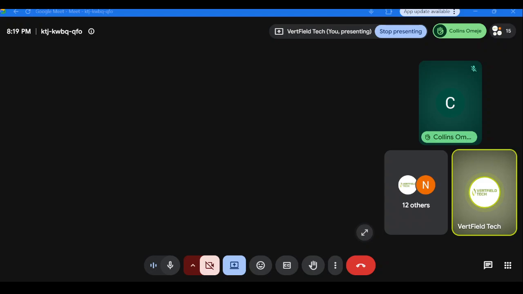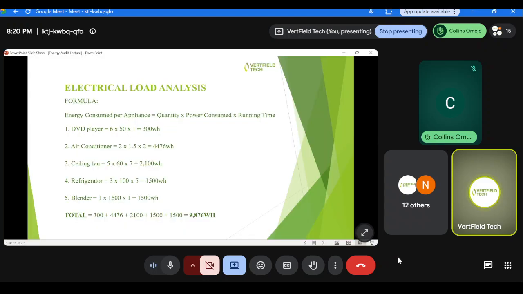Now let us see how that works. For the DVD player, 6 multiplied by 50 by 1 gives you 300 watt hour. For the air conditioner, 2 multiplied by 1.5 times 2 gives you 4,476 watt hour. For the ceiling fan, 5 multiplied by 60 by 7 gives you 2,100 watt hour. For the refrigerator, 3 multiplied by 100 by 5 gives you 1500 watt hour.